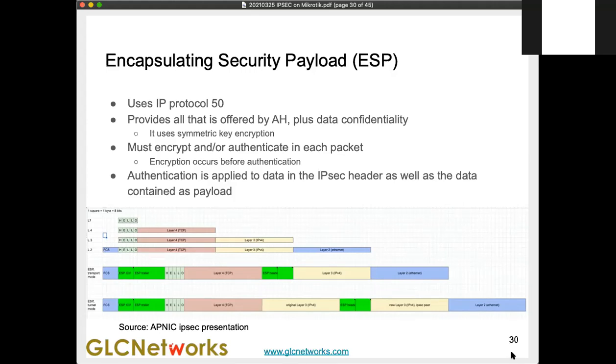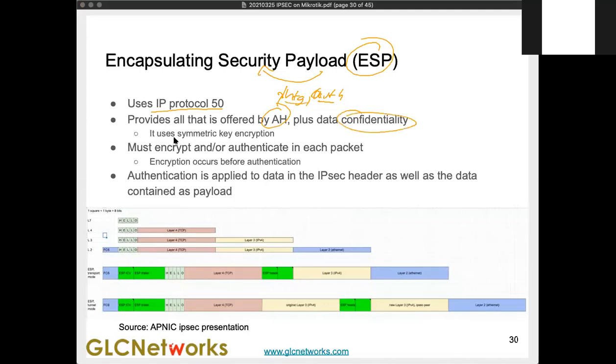Next method is called ESP, Encapsulating Security Payload. As the name suggests, the payload will be encrypted. It uses protocol 50, and everything offered by AH. It means integrity and authentication, plus confidentiality.